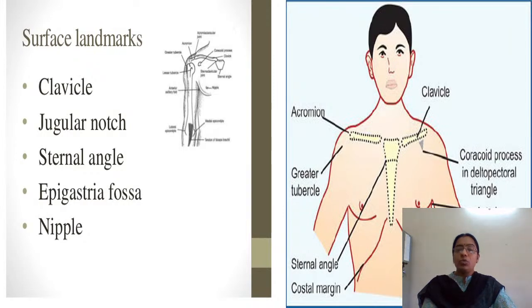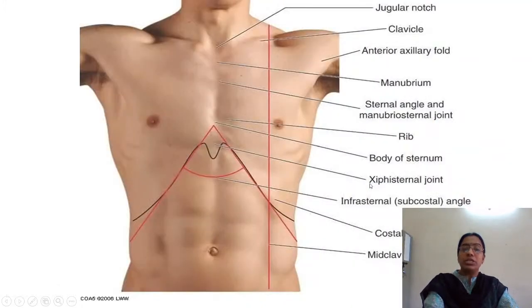For this sake, you have to know the landmarks: the clavicle, sternal angle, epigastric fossa and the nipple. Beside the clavicle, below the clavicle, at the nipple or beside the sternal angle, the region present is called the pectoral region. So the surface landmark is necessary to identify or locate any organ or structure, or to tell any relations.